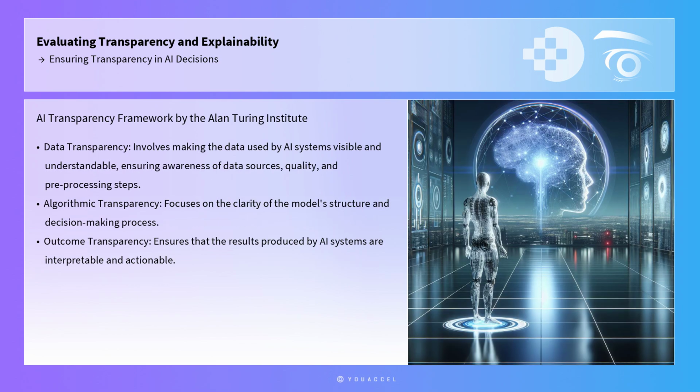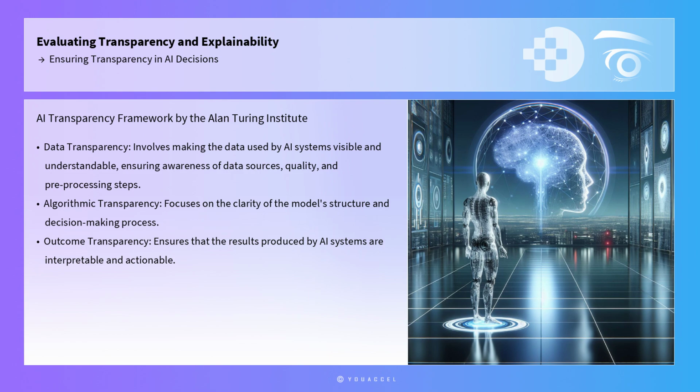While these tools are instrumental, they must be used within the context of a broader framework to ensure comprehensive AI transparency. The AI transparency model proposed by the Alan Turing Institute offers a multi-layered approach to transparency, encompassing data transparency, algorithmic transparency, and outcome transparency.